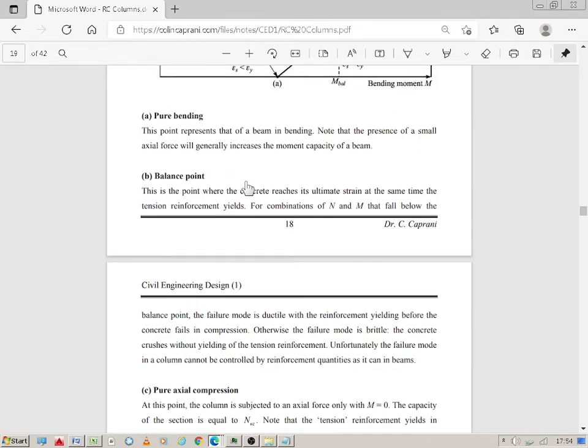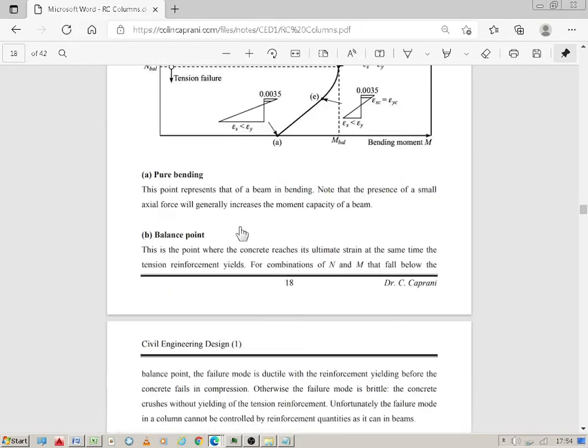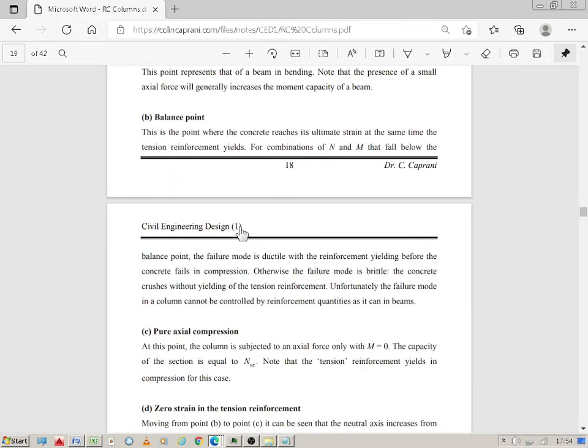Otherwise, the failure mode is brittle, i.e. it's failing in compression. The concrete crushes, not elastic, basically. When it says brittle, it means not elastic. The concrete crushes without yielding of the tension reinforcement. Unfortunately, the failure mode in a column cannot be controlled by reinforcement quantities as it can in a beam.